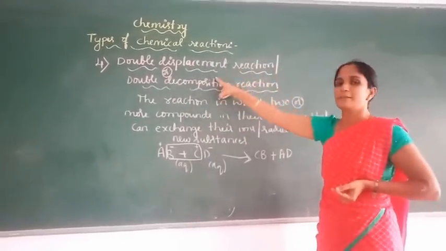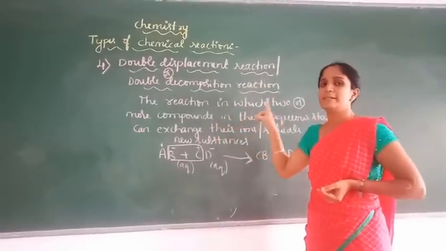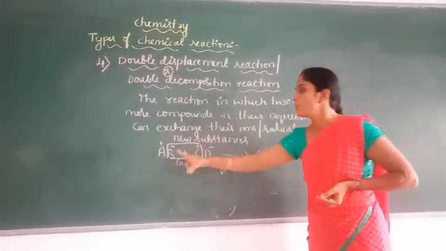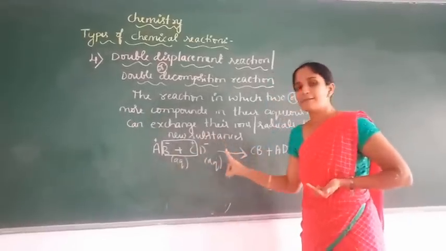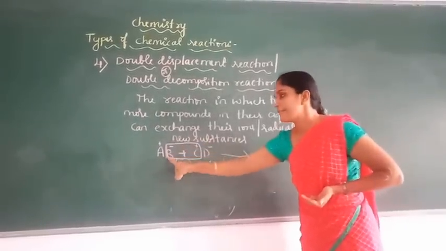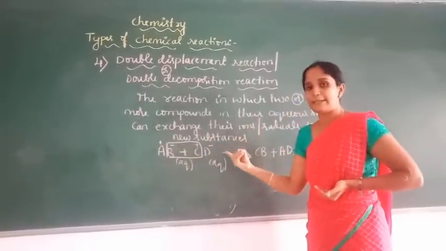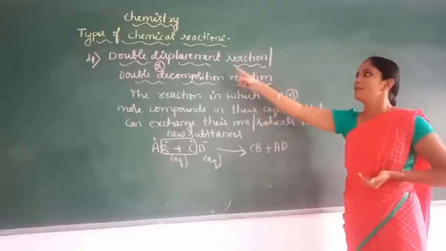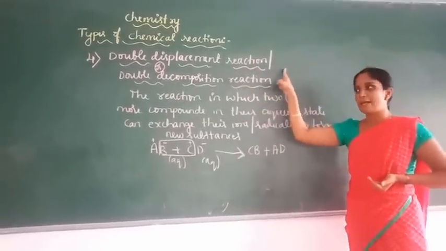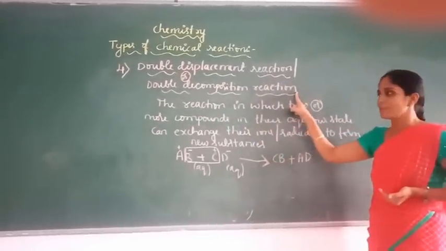A double displacement reaction is a chemical reaction in which two or more compounds in their aqueous state can exchange their ions or radicals to form new substances. It is also called a double decomposition reaction.